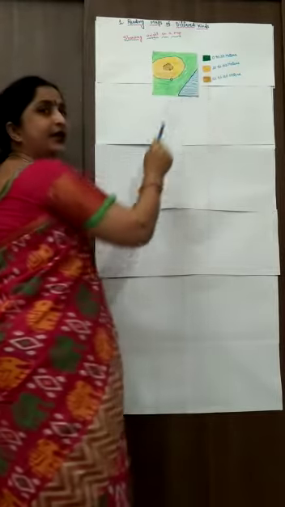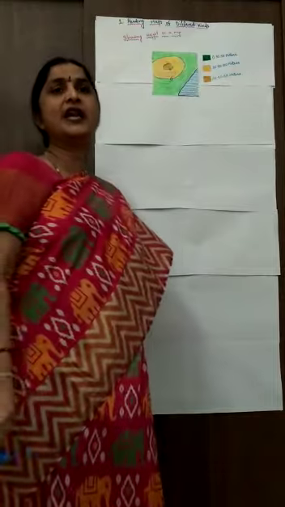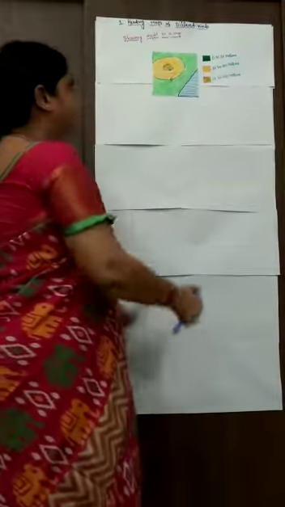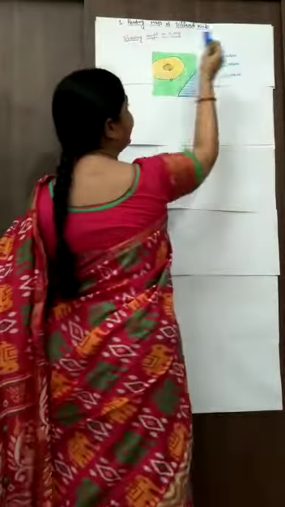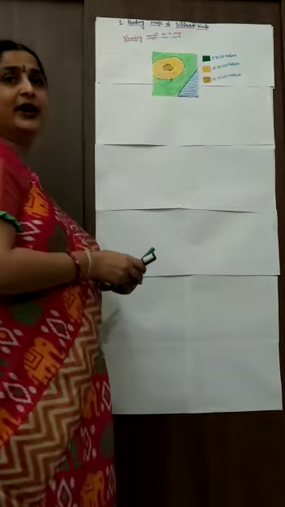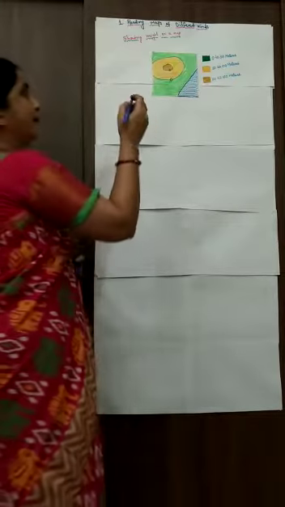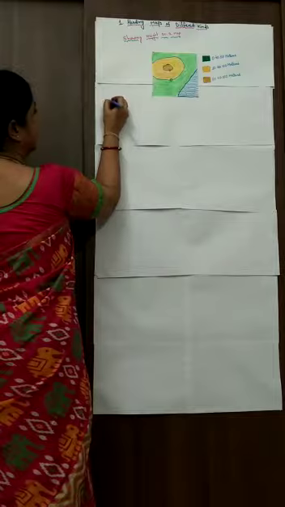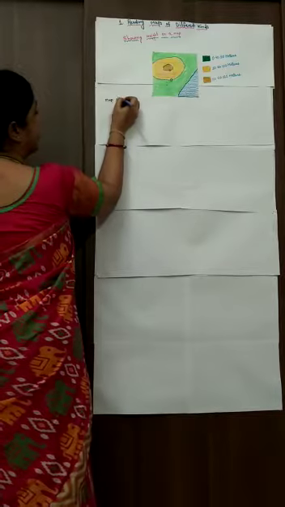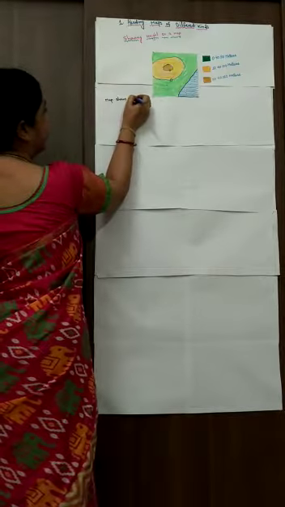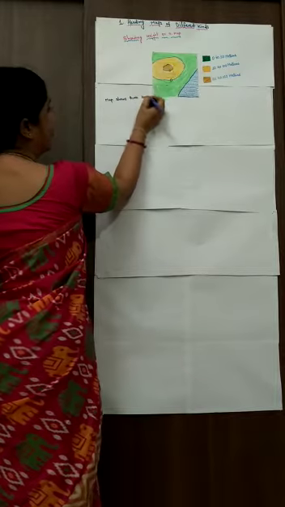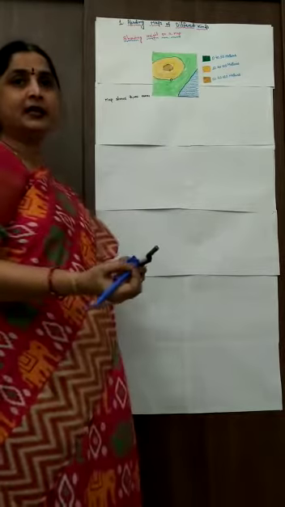If you take the green one, the first area is between 0 and 50. The map shows three zones. What are the three zones there?